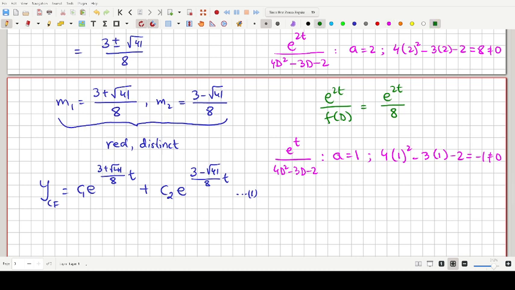So we can proceed with writing the particular integral: e^t divided by f(D) is equal to e^t divided by negative 1.